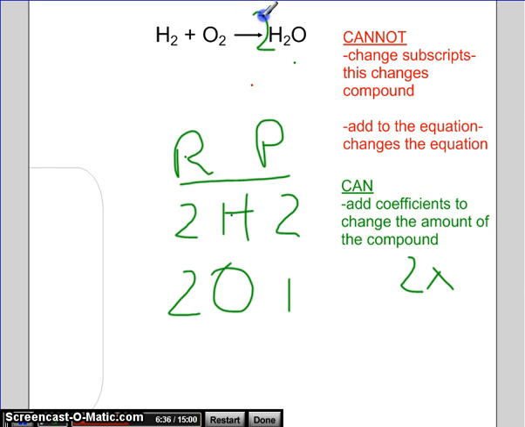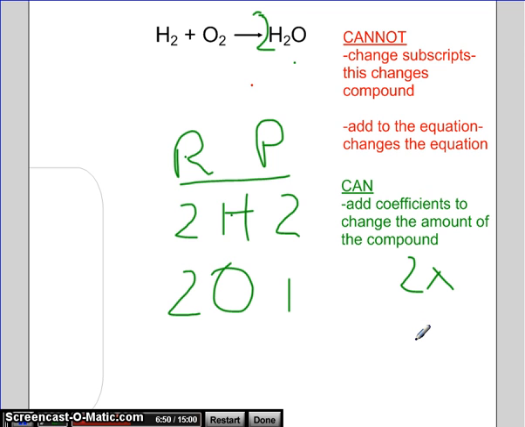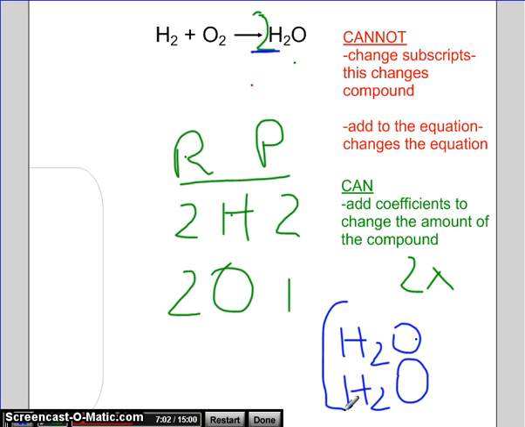So when I put a 2 in front of the H2O, this now means I have 2 water molecules. So now this means I have H2O and H2O. So this 2 tells me I just have 2 H2Os.